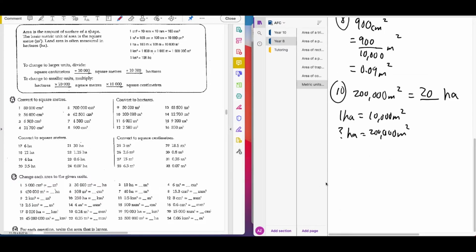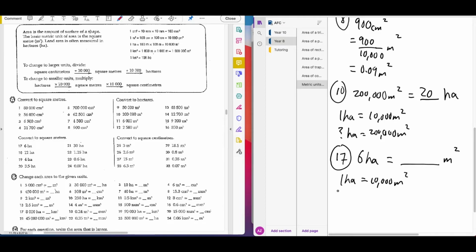Should be quite easy. All right, now the next question says, let's take a look at question 17. Convert to square meters. So 6 hectare is equal to how many square meters, right? All right, so we know that 1 hectare is equal to 10,000 square meters, right?